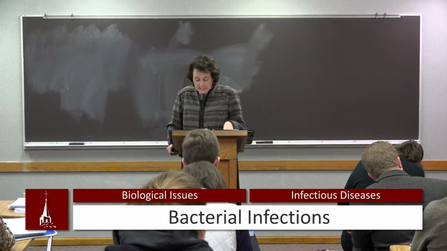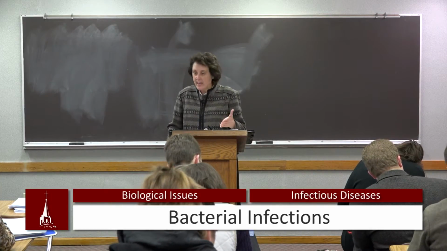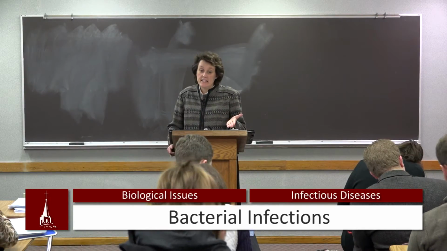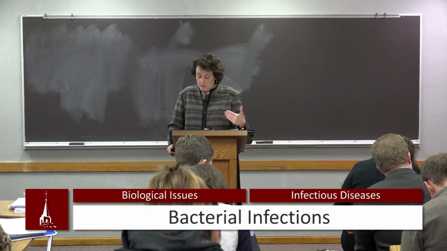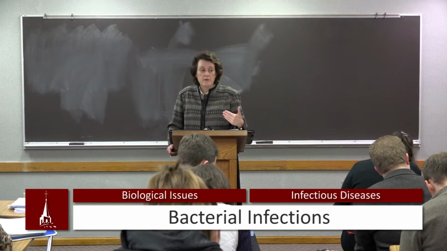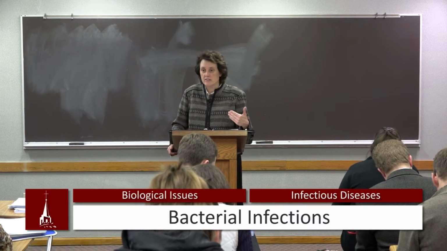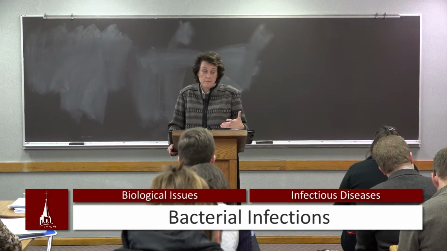Then, route of infection. How do bacteria get in? They cannot penetrate intact skin, so the only way they can get in through the skin is through a cut or wound. One of the biggest problems with burn victims is that they die of an infection a few days later because their skin has been burnt and destroyed.